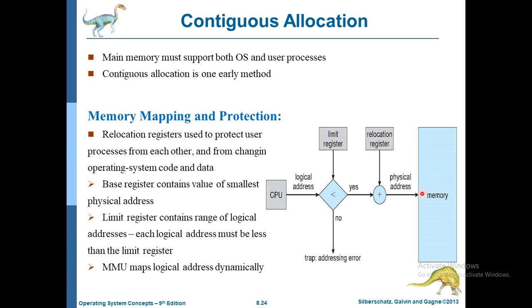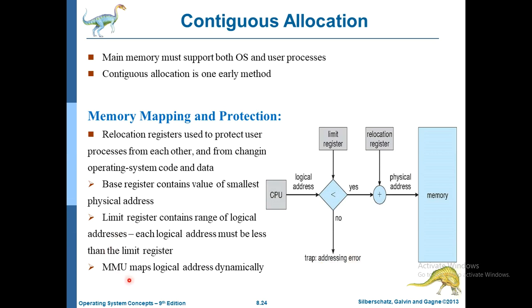Then we get the exact point where your process will reside in the main memory. If the logical address is not less than the limit register, that is, this condition is false, that means it is an addressing error.